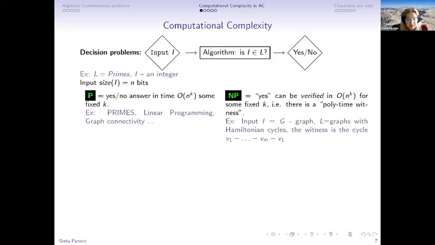But if the graph has a Hamiltonian cycle, I can give you a sequence of vertices and you can check just in linear time if this is actually a Hamiltonian cycle, if these vertices are connected by edges. So this is a witness: if the answer is yes, then there is an object that's nice and that can be understood.